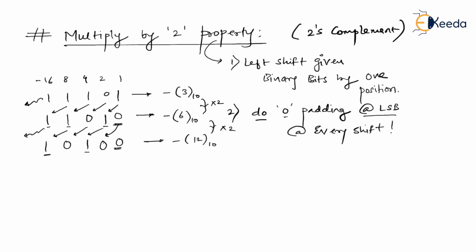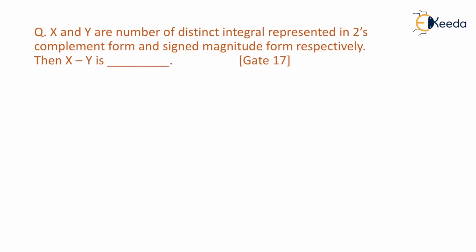So by knowing this property, let's start with one example. What the question says is: x and y are the number of distinct integers represented by 2's complement form and sign magnitude form respectively. Then what is x minus y? Okay, so let's understand this.